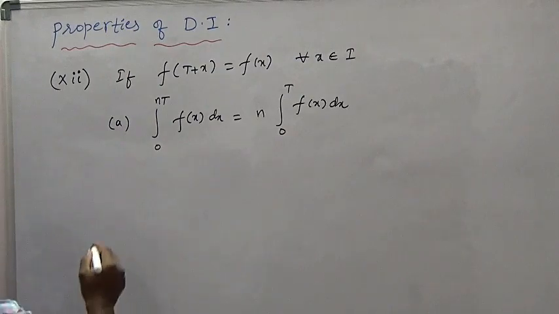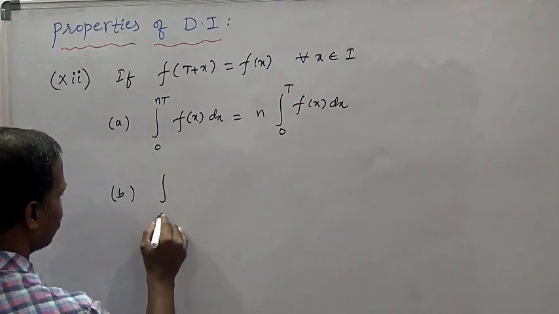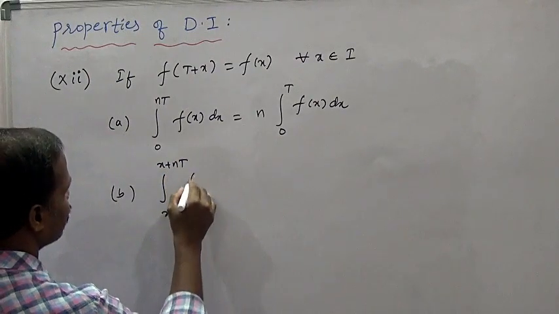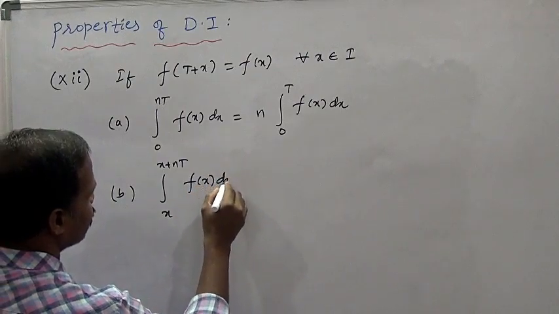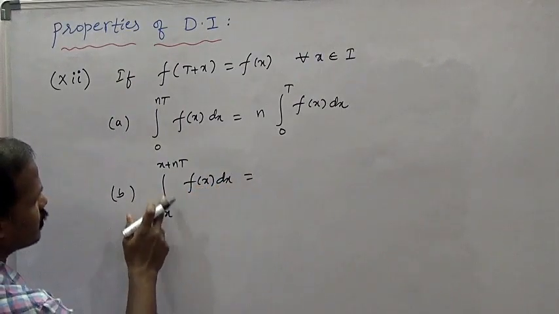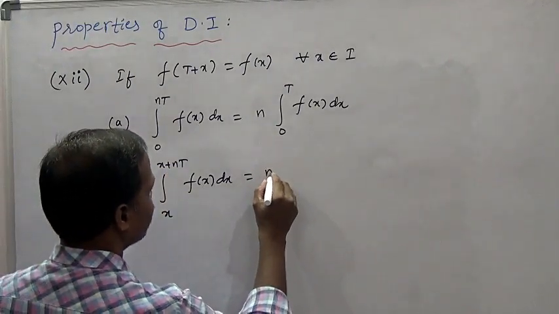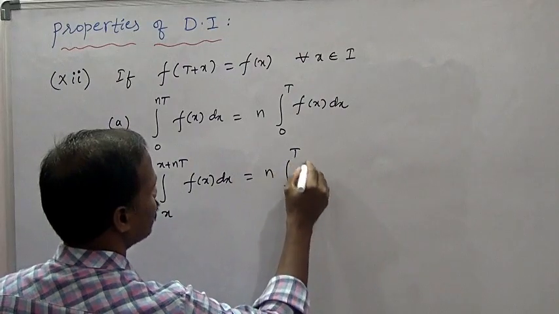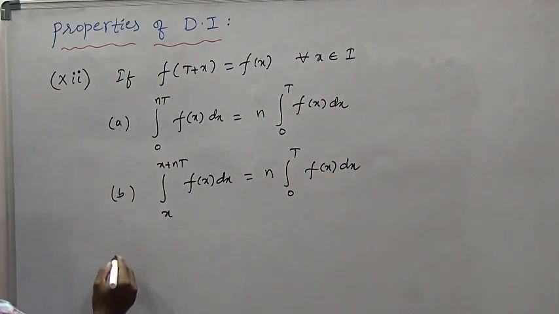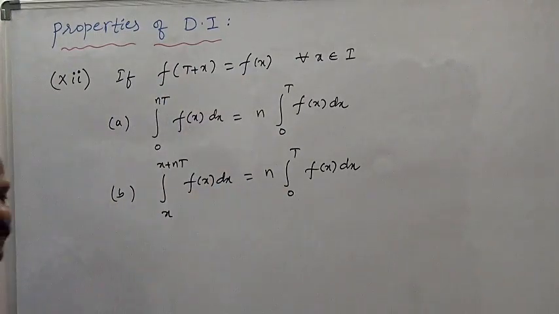Next, integral from x to x plus nt f of x dx equals n into integral 0 to t f of x dx. Next, see, all these properties are based on the periodic function.